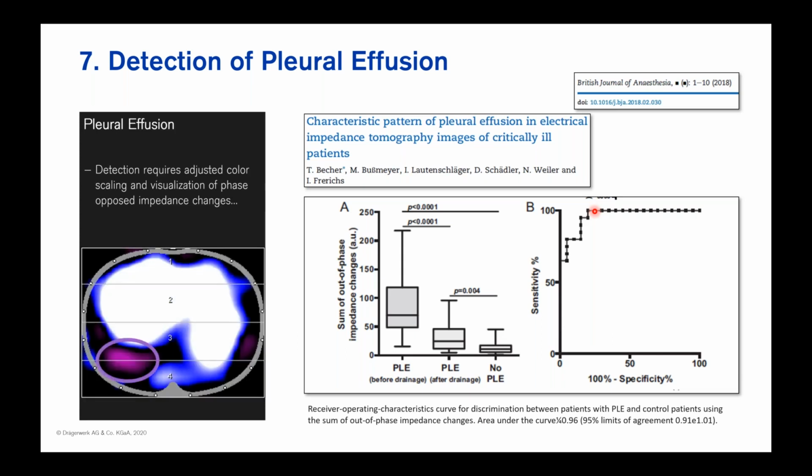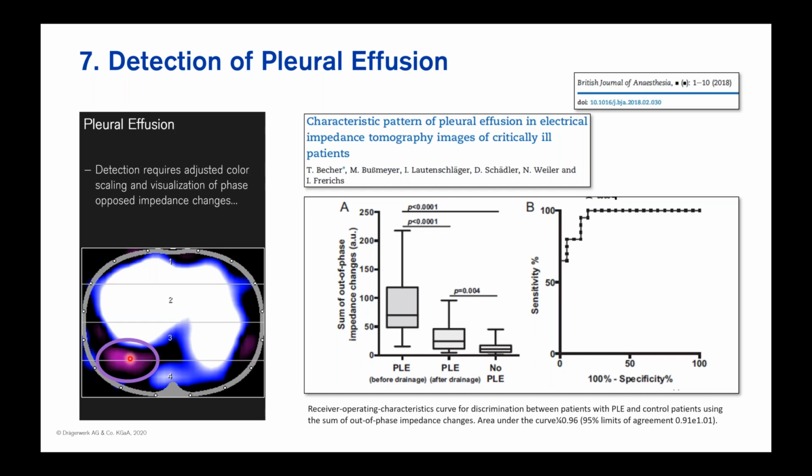And in PulmoVista 500, we have introduced a function where we can actually highlight those purple areas. And then you can clearly identify which of your patients will have pleural effusion. Right now, we do not have a quantification of those areas, which would also be beneficial, but at least we can directly display these kinds of lung conditions.